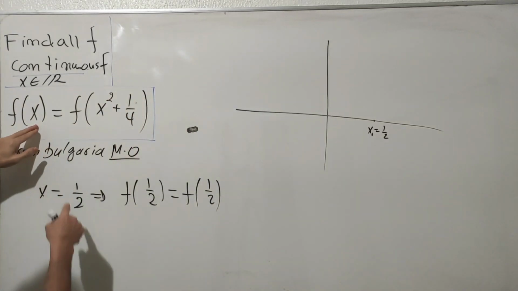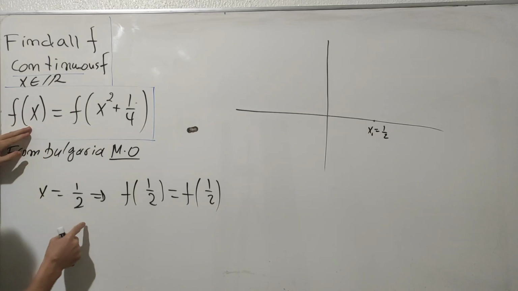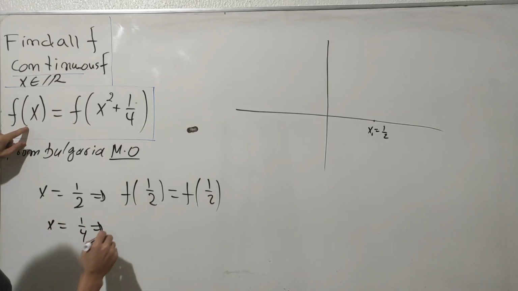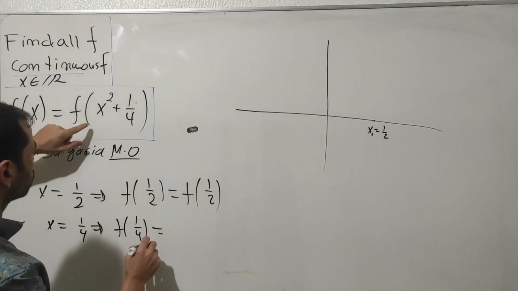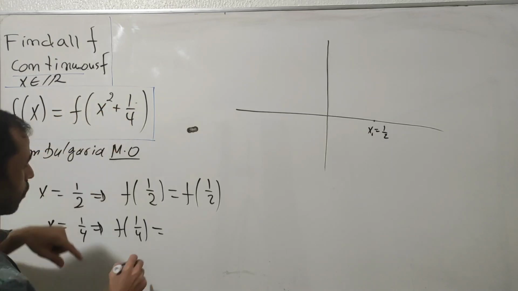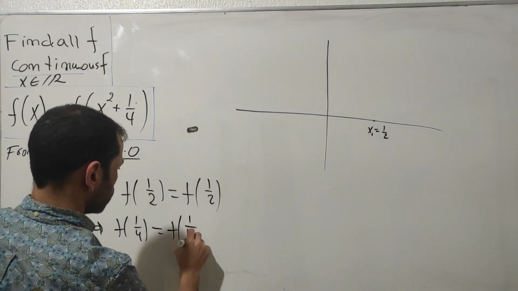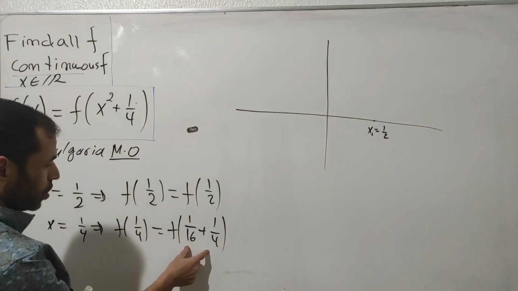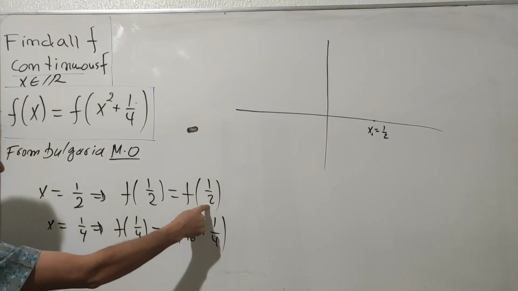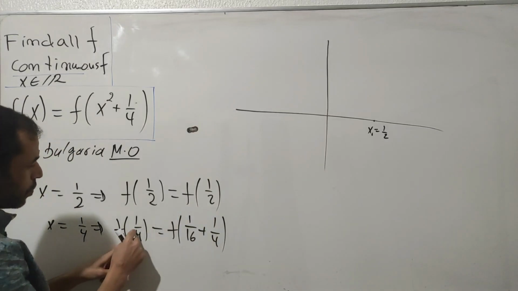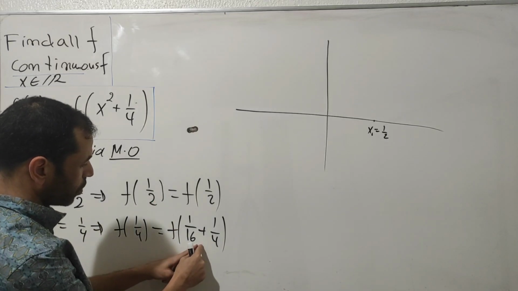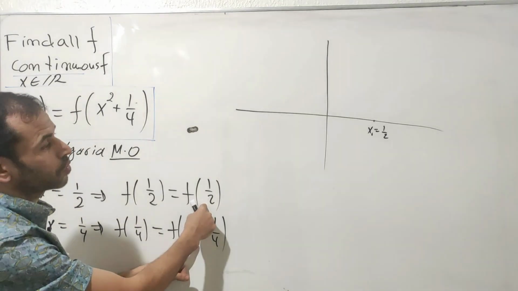Based on the points, if you substitute, for example, x equals 1 over 4, then you check f of 1 over 4, which is going to give us 1 over 16 plus 1 over 4. This value is a small value, but this one is bigger. So as you go up from 1 over 4 to half, this value goes from smaller to bigger. What does this mean?